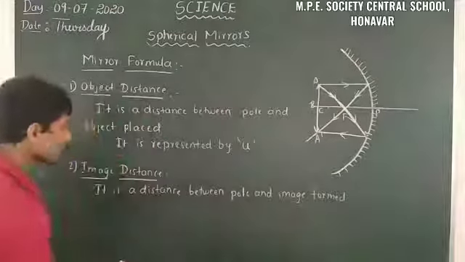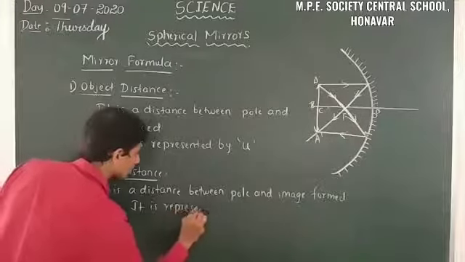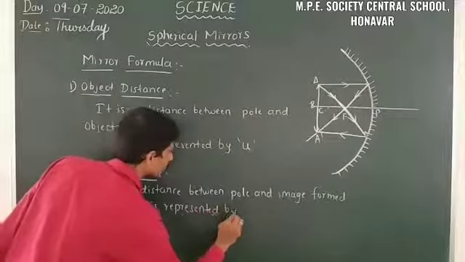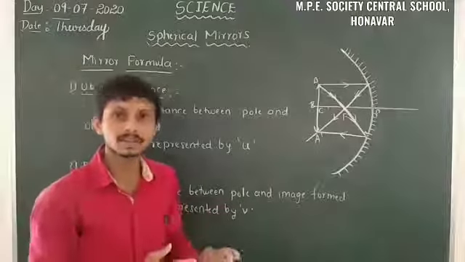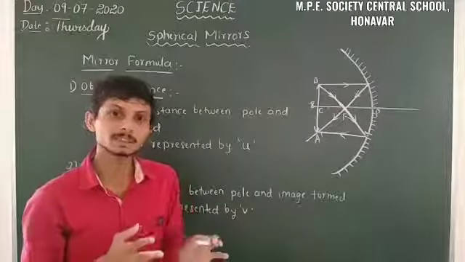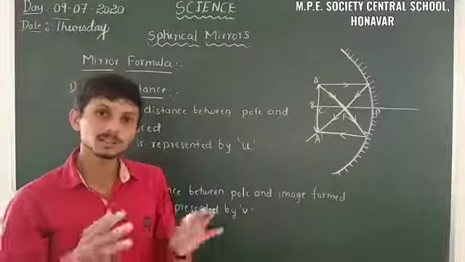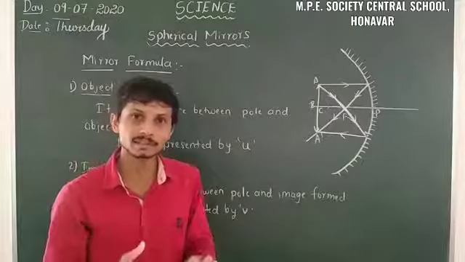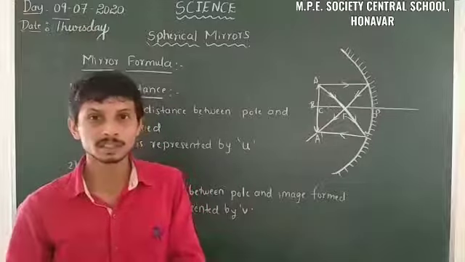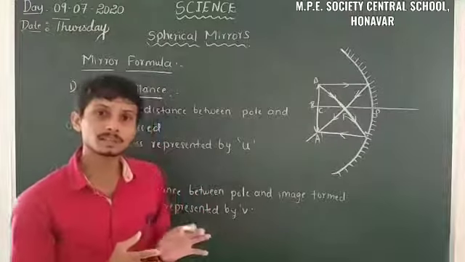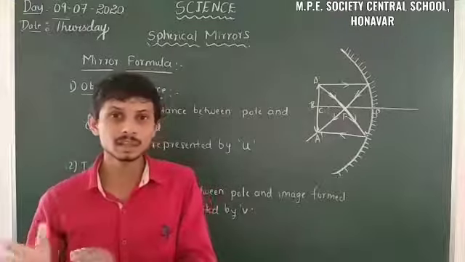It is represented by the letter V. Another terminology we already learnt is the focal length F. It is the distance between the pole and the principal focus. The mirror formula relates the object distance, image distance and the focal length. So the mirror formula is nothing but the relation between object distance, image distance and focal length.